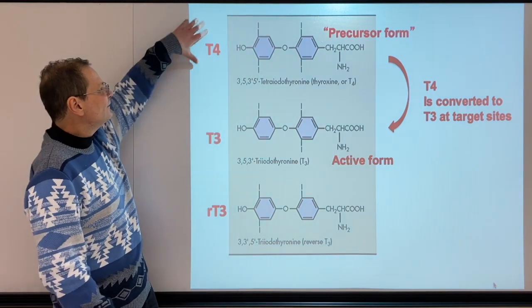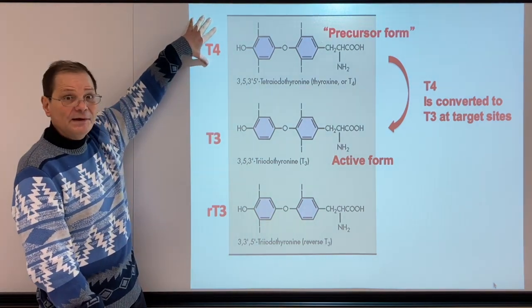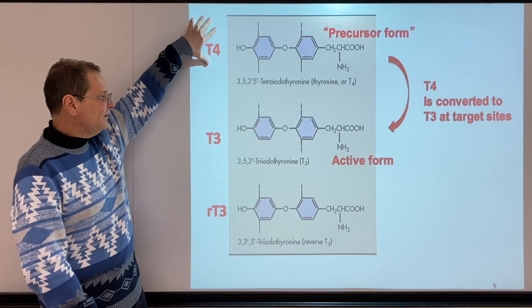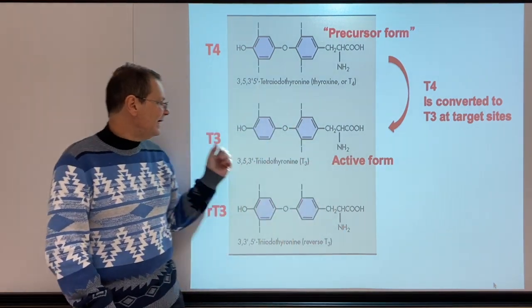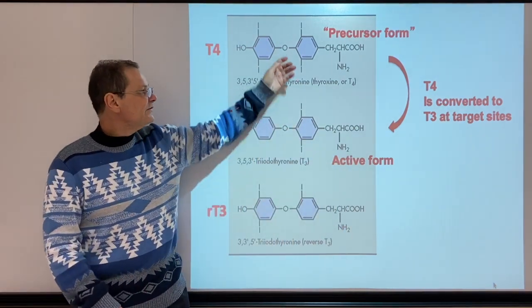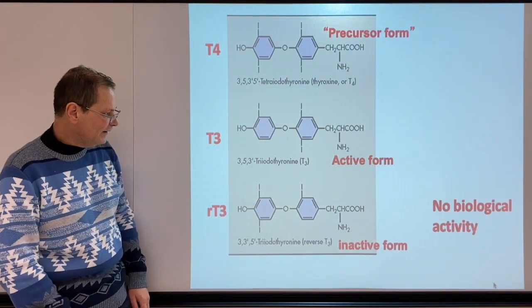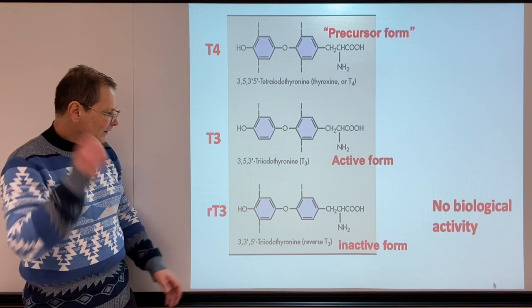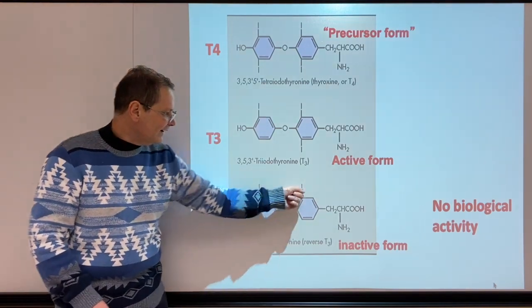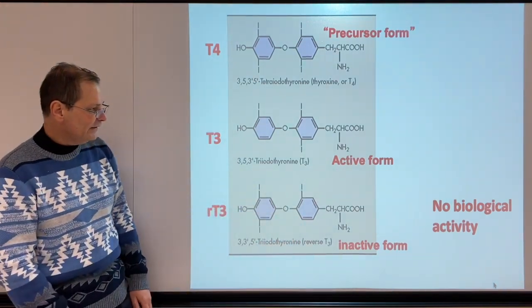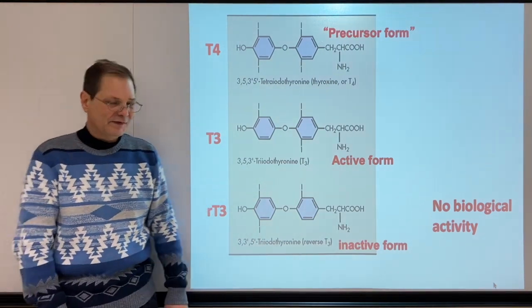Okay, so this is the form that you see mostly in the blood from the thyroid gland. This is the form that's mediating most of the effect. This is converted to this in the tissues. And finally, we have this RT3, which is just a different isoform, and now your 3 iodines are on the different aromatic rings. It's an inactive form that you will see.